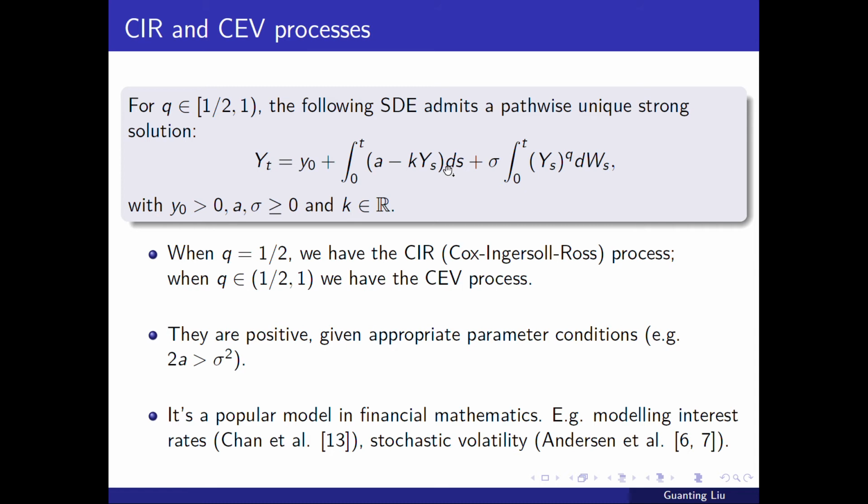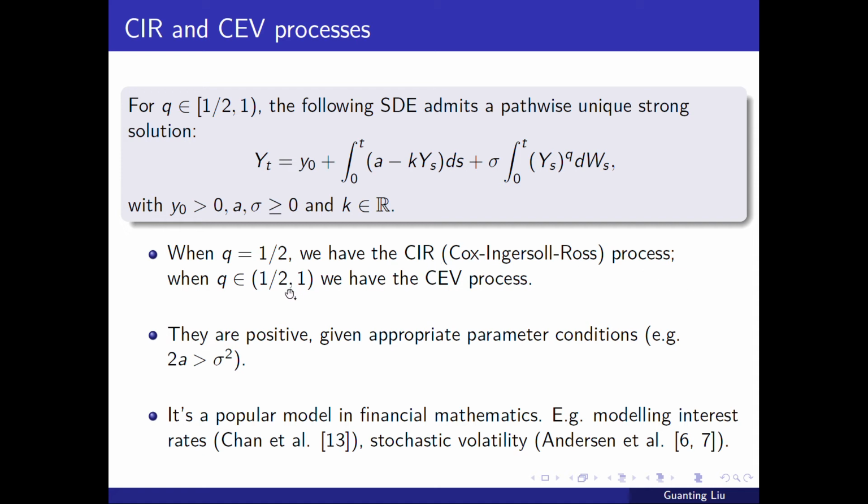First, about the stochastic process. Before the jump extended version, let's look at the traditional diffusion version. So with this stochastic differential equation with a mean reverting drift and a diffusion coefficient to the power q, with q from half to 1, if we take q equal to a half here, we have the Cox-Ingersoll-Ross process, the CIR process.